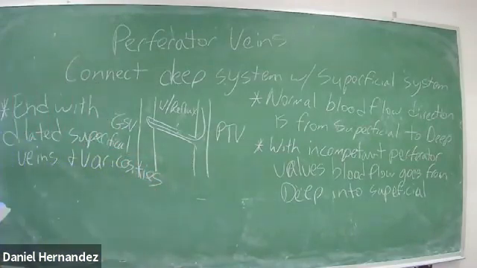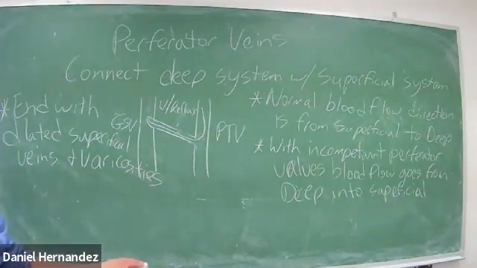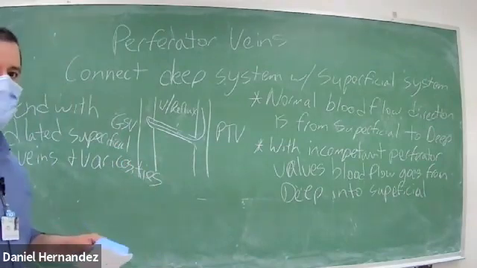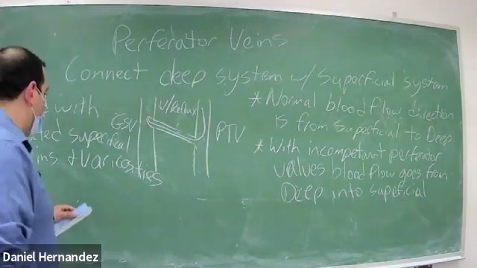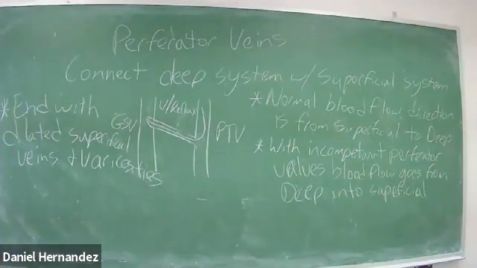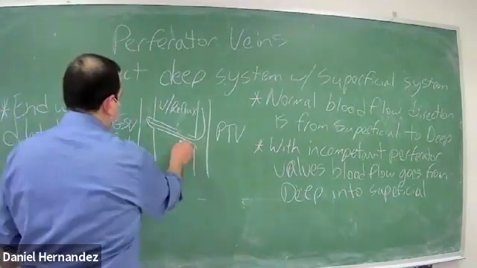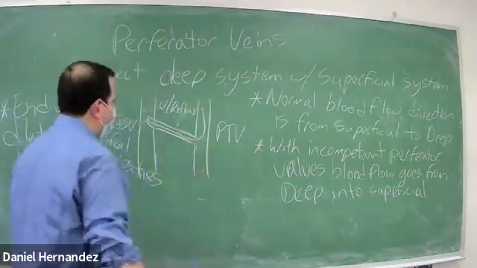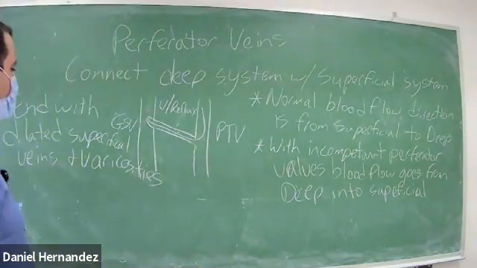As a result of these incompetent perforator veins, the superficial veins become dilated and back up into superficial varicosities, and we wind up with varicose veins. So if you get a job working in a vascular lab where they do a lot of venous ablations, there's going to be a lot of imaging of your perforator veins to check their competency.